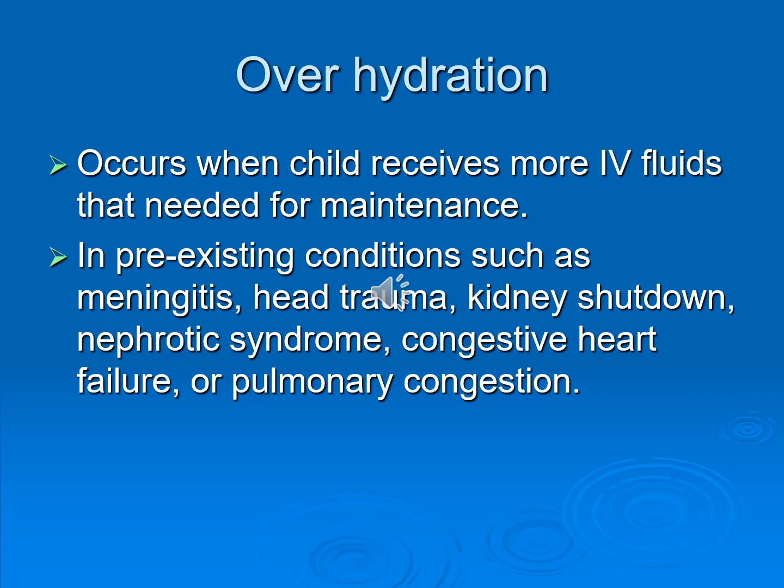Giving too much hydration can cause overhydration. That is going to occur when they receive more IV fluids than is needed for the maintenance. In pre-existing conditions such as meningitis, head trauma, kidney shutdown, nephrotic syndrome, congestive heart failure, or pulmonary congestion, you can see this overhydration happen very quickly.